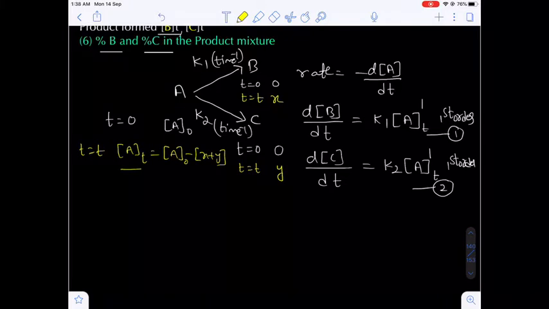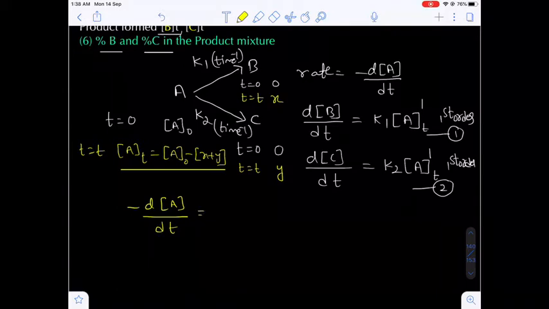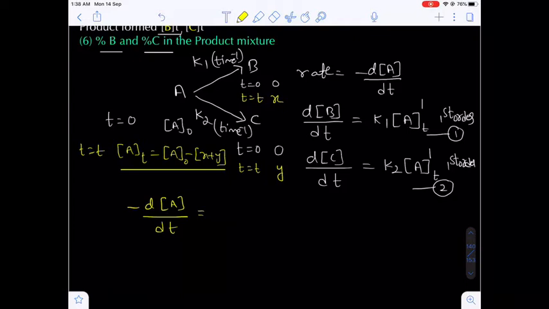So the remaining reactant at time t will be AT equals A0 minus (x plus y). Are you getting my point? Now the rate of disappearance of A, minus dA by dt, is equal to, now the reactant A will distribute into B and C, that is two different products.